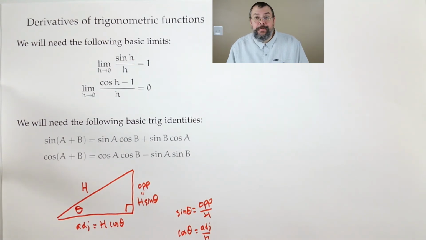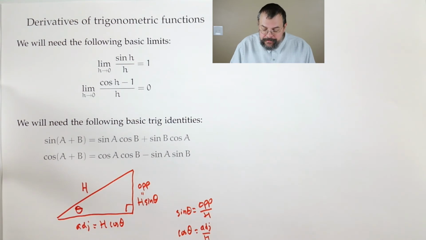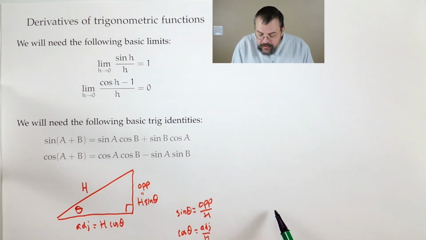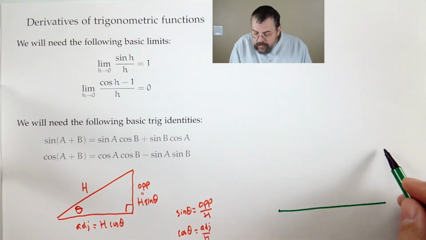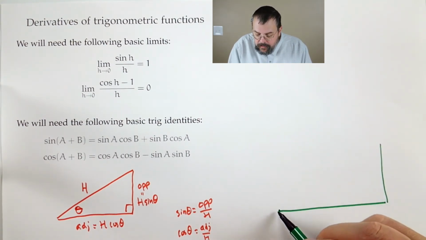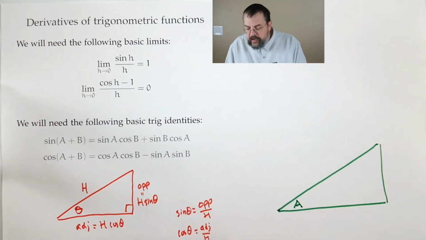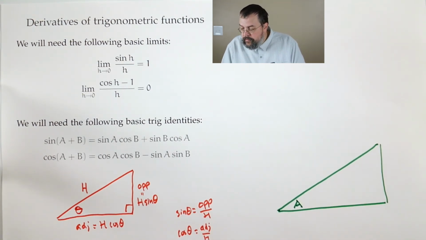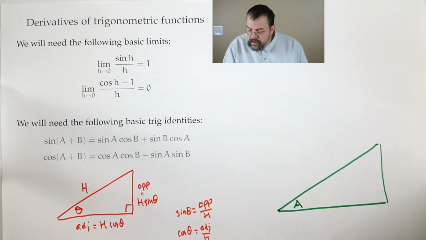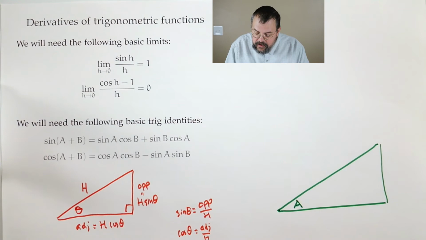Now, here we go. Let's draw ourselves a picture. Let's put our angle A inside there. And now what comes next is we're going to draw another triangle. This, by the way, is a right triangle.